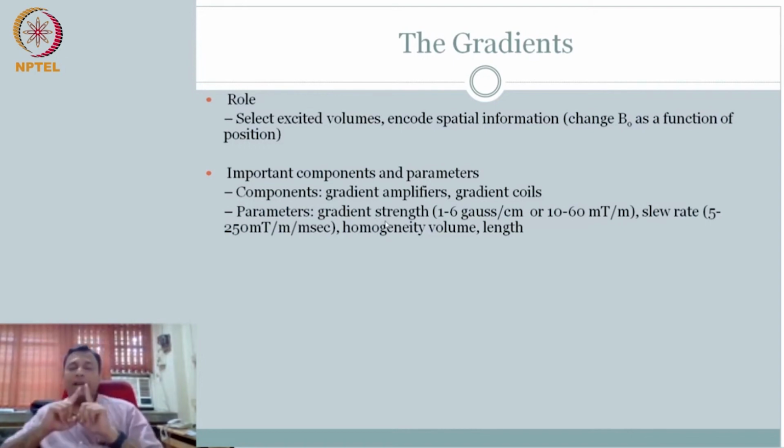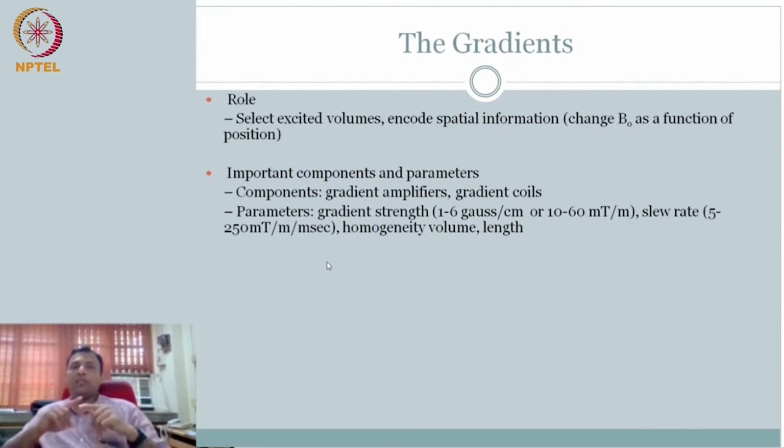So gradient strength is how fast or how slow the magnetic field strength changes with length. That is one parameter. Clearly we are also talking about how fast it changes when you turn it on, so somewhere time should come in. That is called your slew rate, 5 to 250 millitesla per meter per millisecond, which describes how fast this gradient changes.